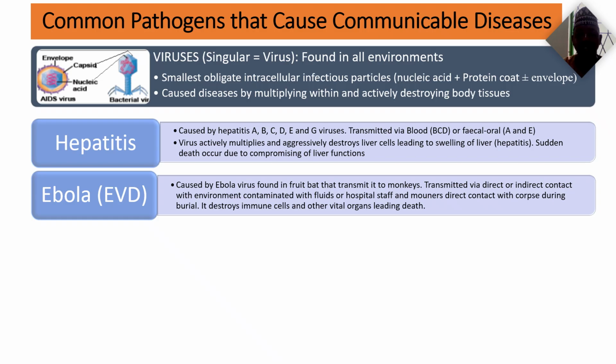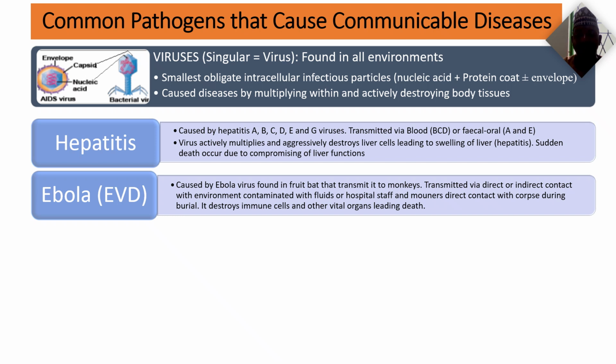So the virus was first transmitted from monkeys to humans in history around 1976, leading to 2 simultaneous outbreaks in Nzara in Sudan, and another place, Yambuku village, which is near the Ebola river.